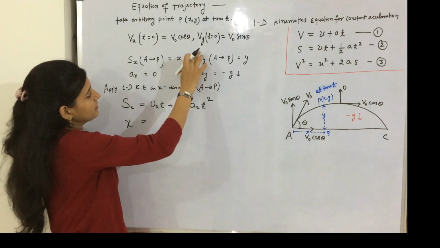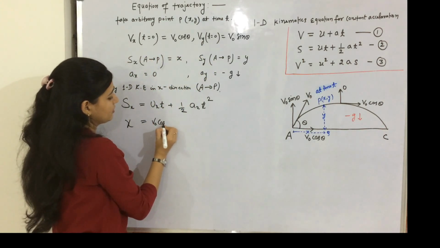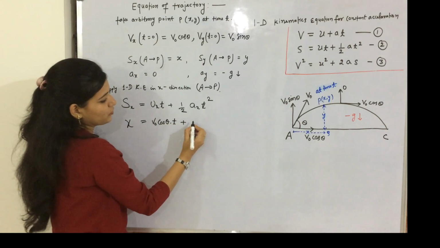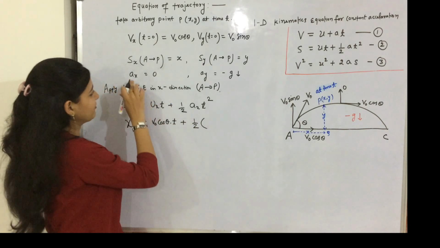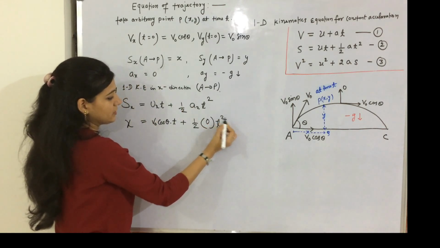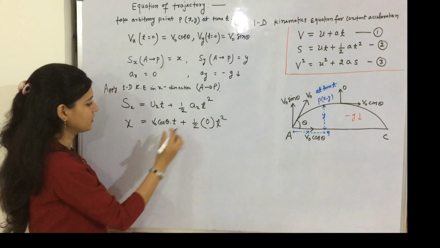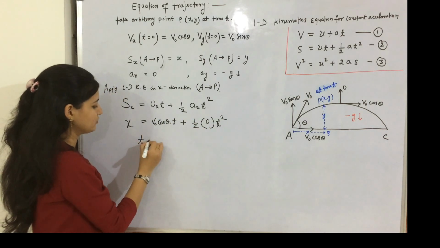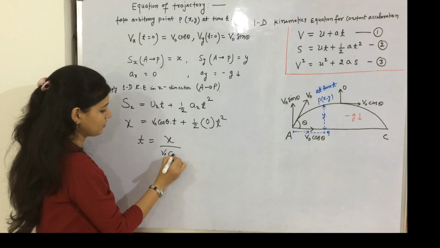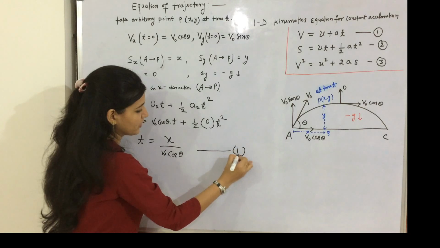Ux is v naught cos theta. We have ax, the acceleration, as 0, so that term becomes 0. So t equals x by v naught cos theta. So this is our equation 1.